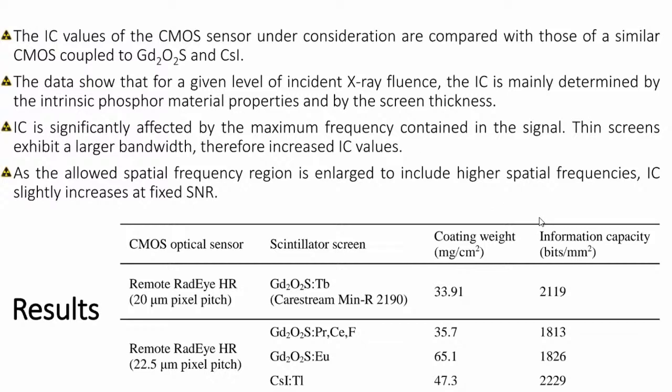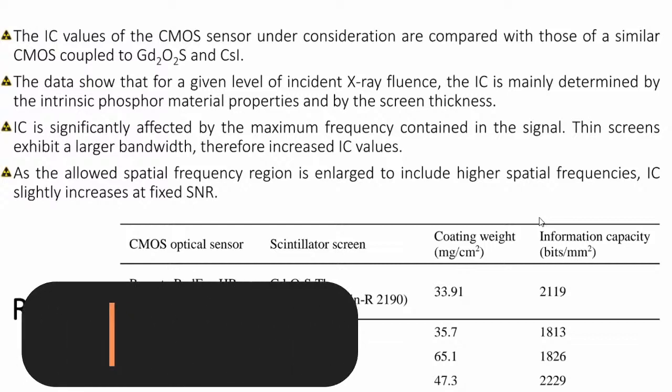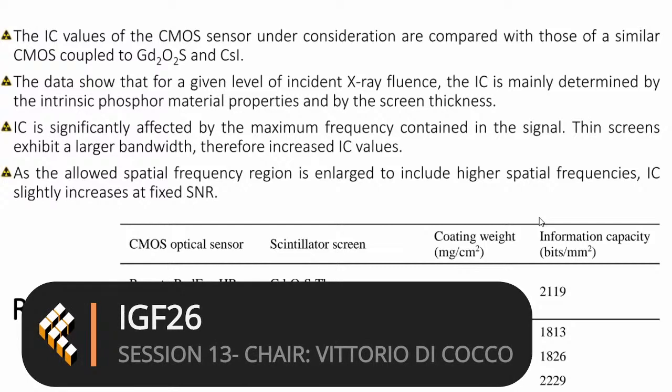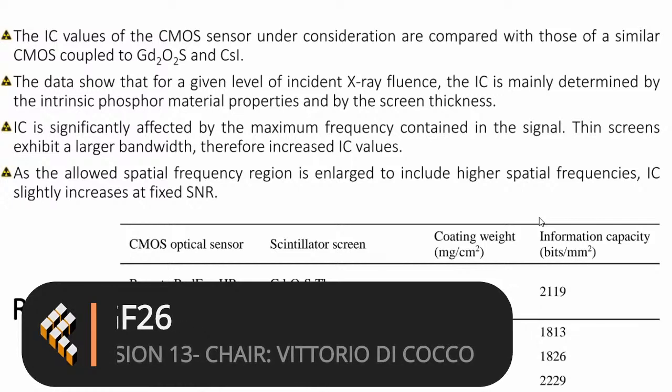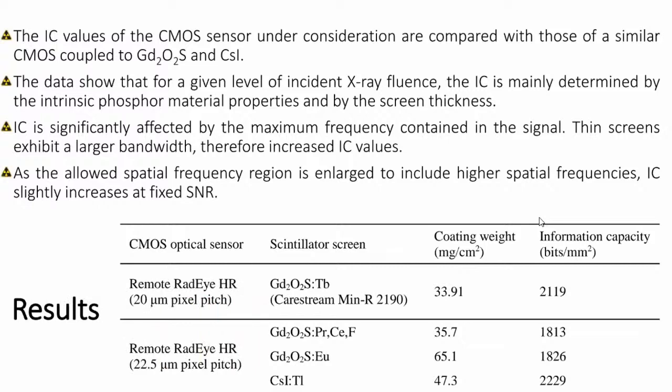Instead, it was found lower than that of the cesium iodide combination. This data shows that for a given level of incident fluence, the information capacity is mainly determined by the intrinsic phosphor material properties and by the screen thickness.